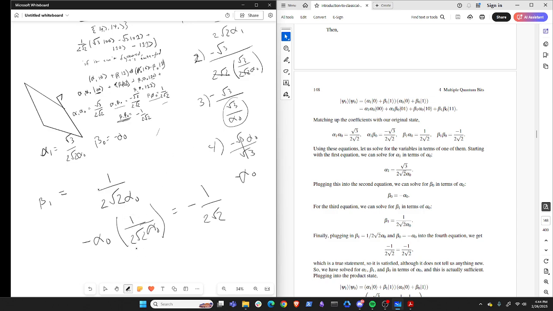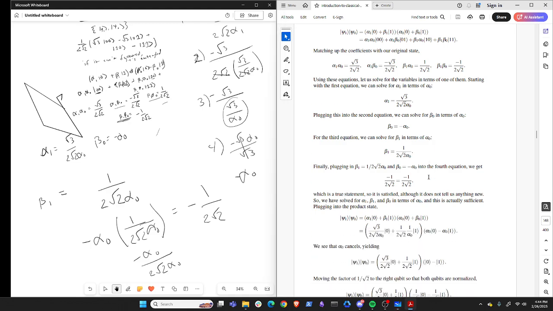Distributing through, we get minus alpha 0 over 2 square roots of 2 alpha 0. And we wind up with minus 1 over 2 square roots of 2, which is equivalent.